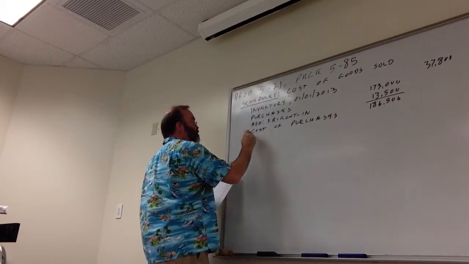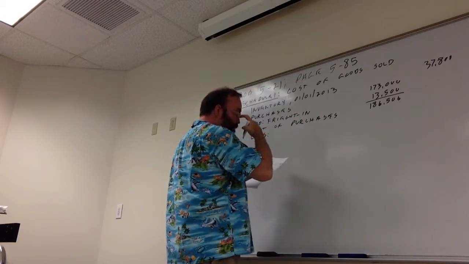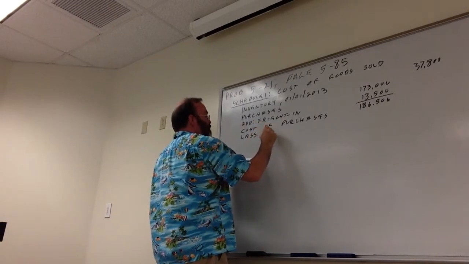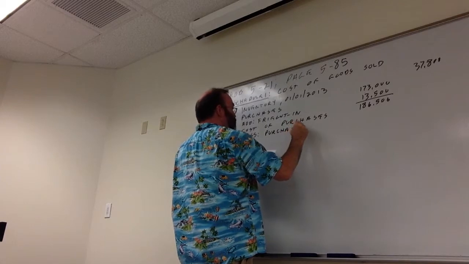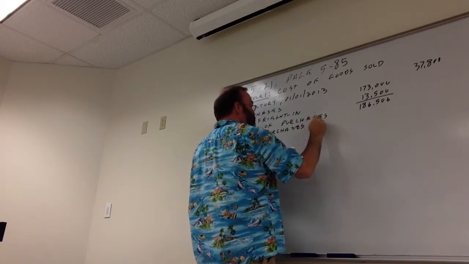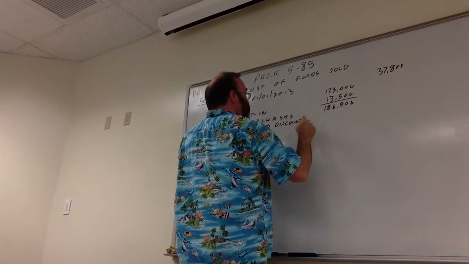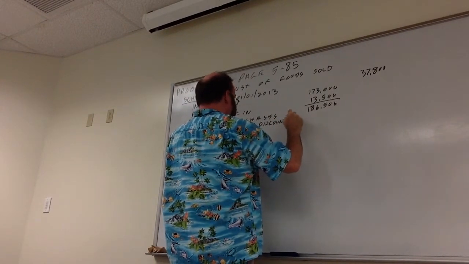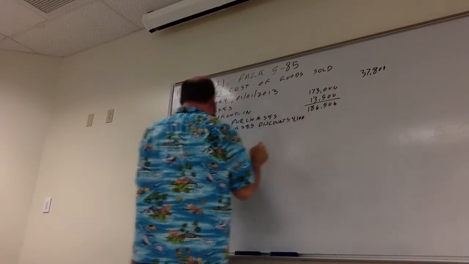From that, we're going to subtract the contra purchases account. Purchase discounts taken, which is 4,100.